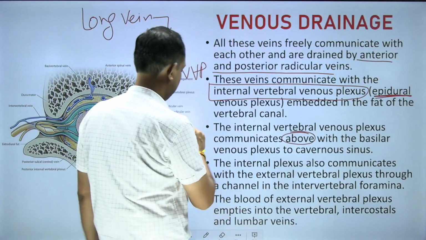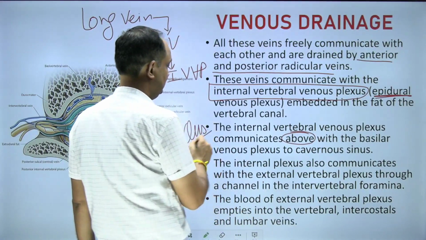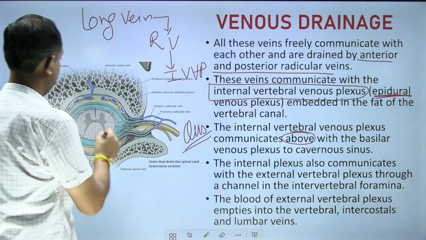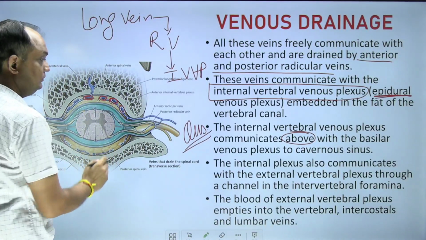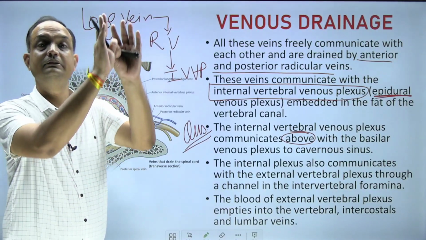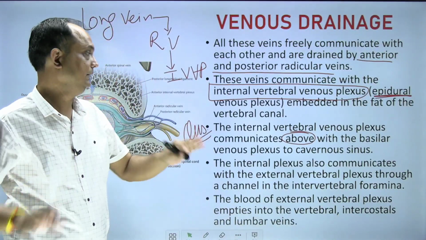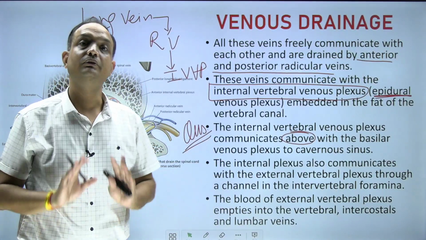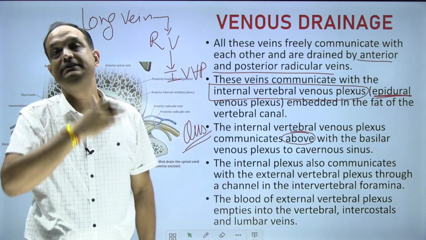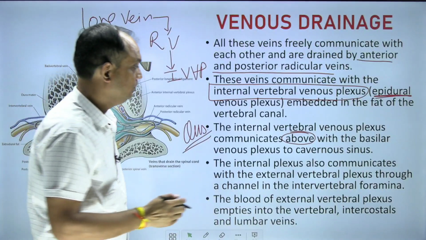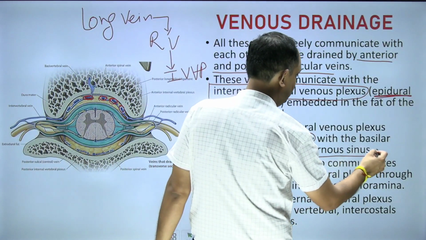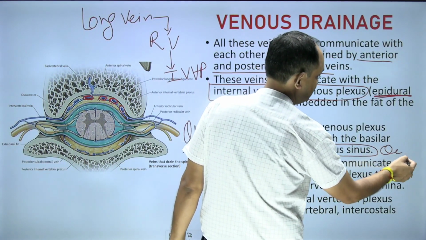This is very important: these vertical veins in the epidural space enter inside the cranial cavity vertically. And where will they approach? They approach the dural venous sinuses which are present all around the brain.